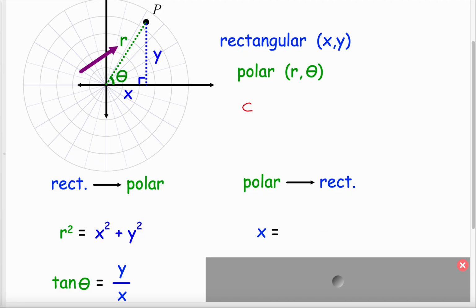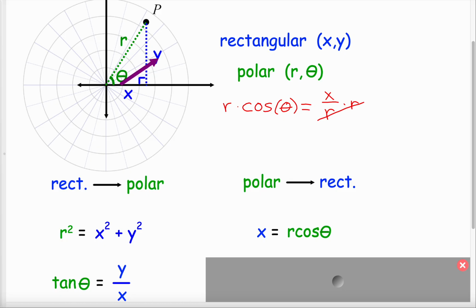That was cosine, wasn't it? Cosine of theta equals the adjacent leg, which is x, over the hypotenuse, which is r. If I multiply both sides by r, now I have solved for x. And remember, I know a value for r, and I know what theta is, because we have the polar coordinates. So we can figure out x by just doing r times cosine theta.